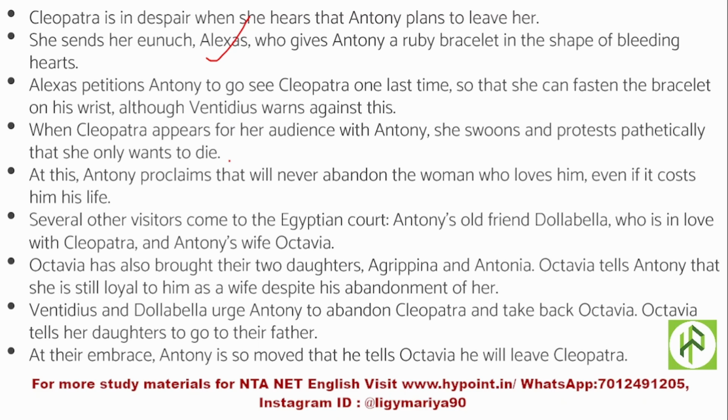She has mixed thoughts, so she doesn't want Antony to leave her. She makes a dramatic protest. At this, Antony proclaims that he will never abandon the woman who loves him, even if it costs him his life. So he fell into her trap.